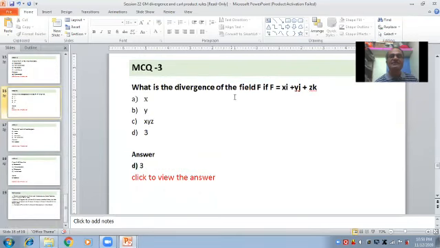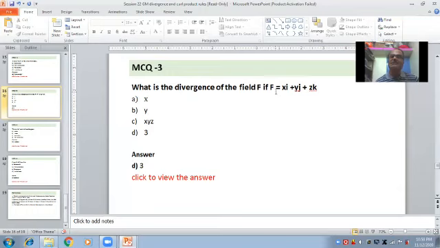Next, what is the divergence of this field F equal to xi plus yj plus zk? The answer is 3, because you are taking the divergence of this vector.